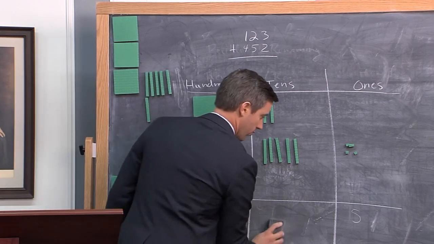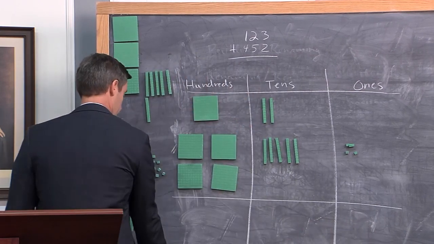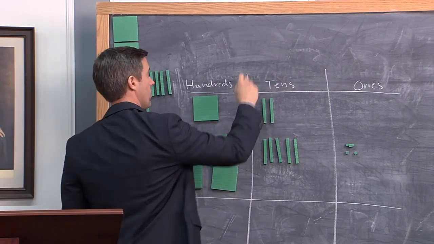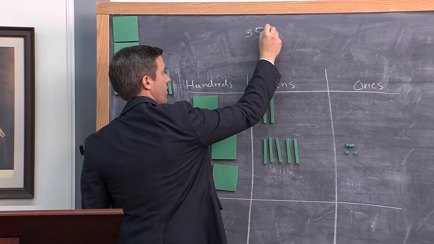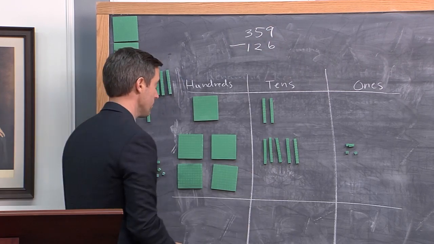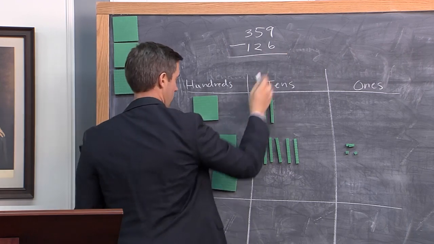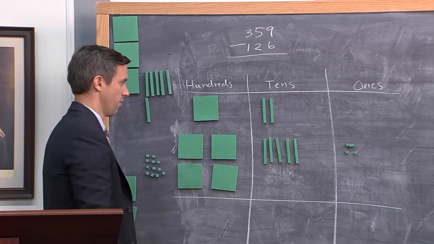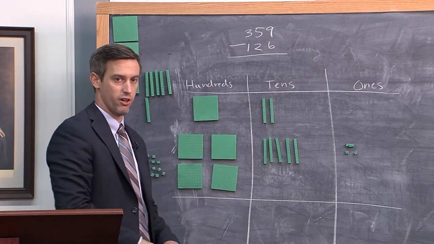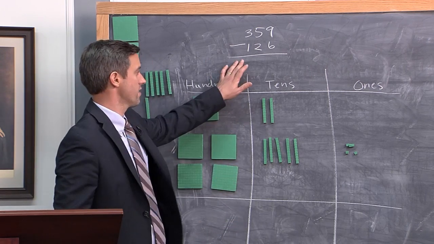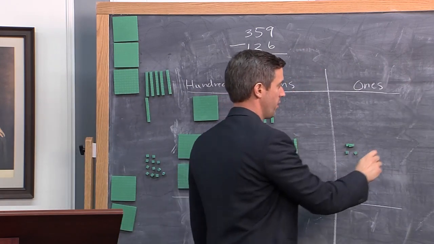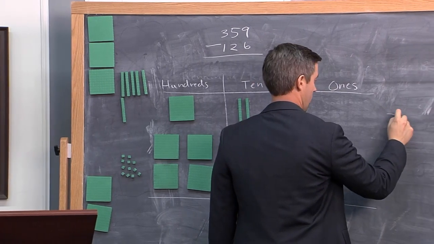Let's go ahead and do subtraction. Let's do 359 minus 126. My apologies. In the last one, I wrote it in the standard algorithm form. Before you see this, I should make a note that it's not going to be written vertically, but horizontally.